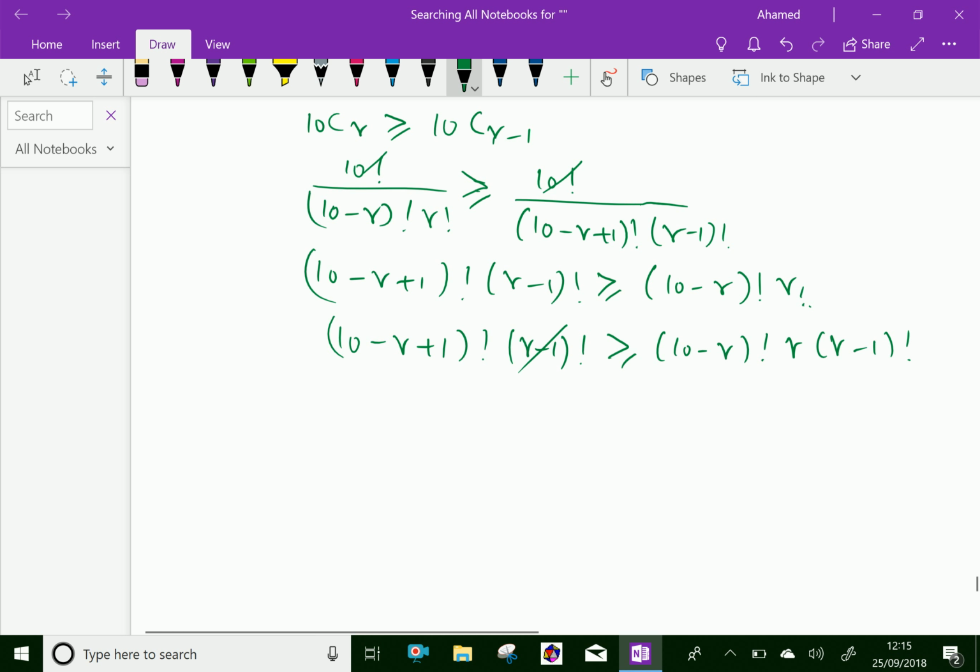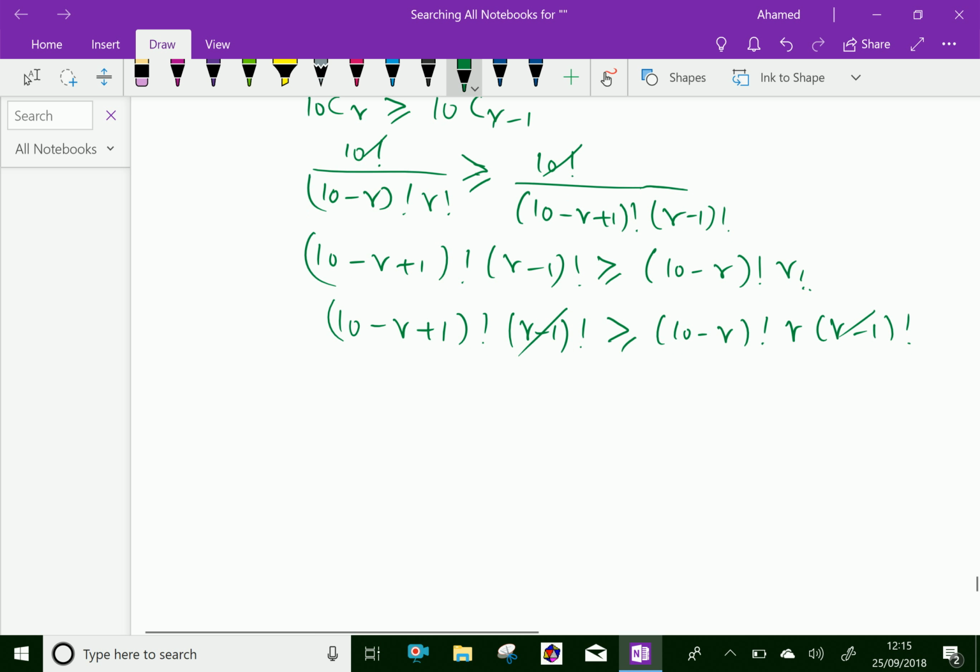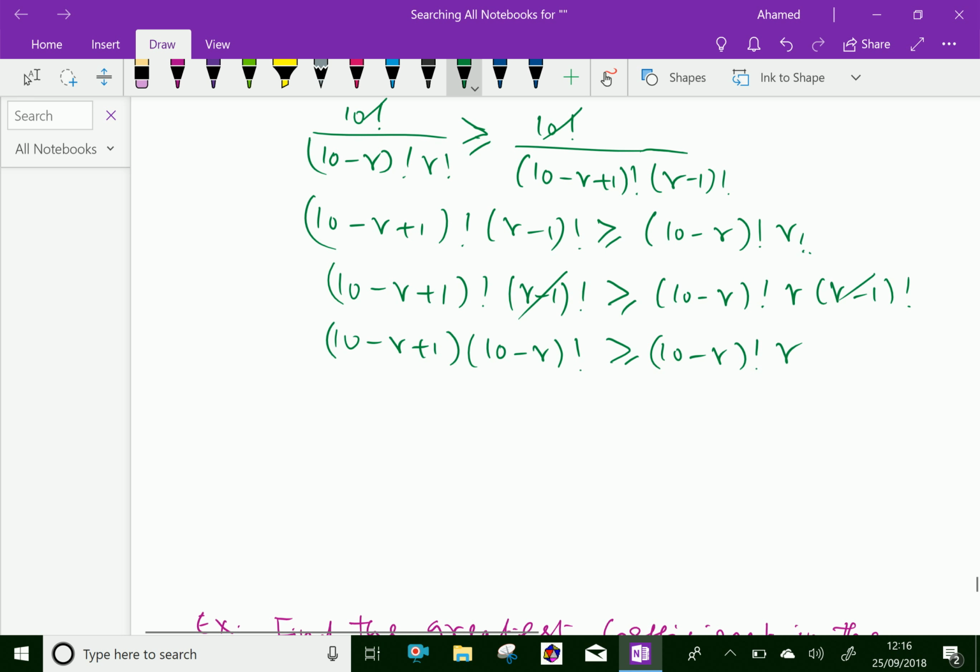Both (r minus 1) factorial cancel, and both (10 minus r) factorial cancel, so we removed the factorial signs.